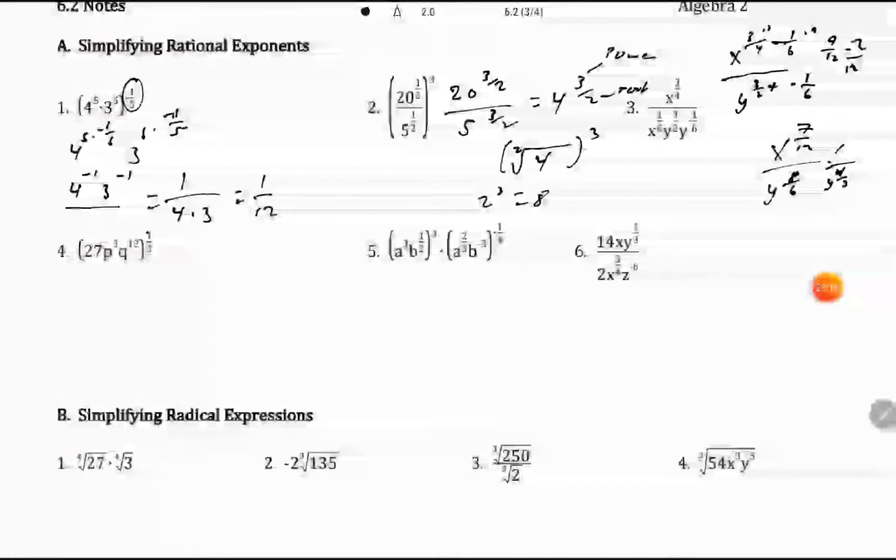So remember, this gets distributed to all of these, even the number. So 27 to the 1/3, p to the 3 times 1/3, q to the 1/3 of 12.